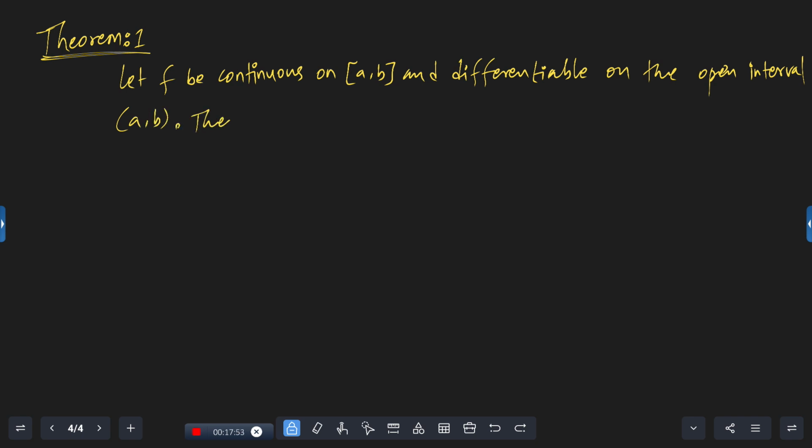Then I will be giving a few points. Point number 1: suppose f is increasing in the closed interval a comma b.